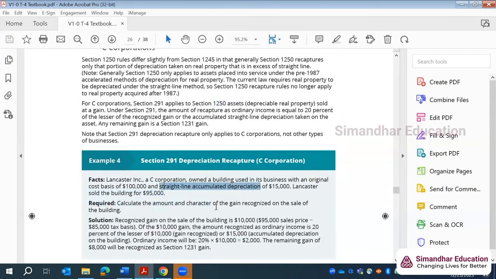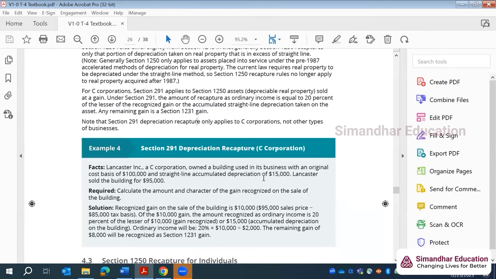You had not taken any other form of depreciation. But section 291 will come into the picture. Section 291 says that you have to take 20% of the gain as ordinary, the lesser of the recognized gain or the accumulated straight line depreciation. Here our gain is $10,000 and our accumulated depreciation is $15,000.